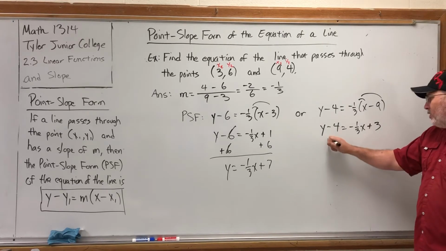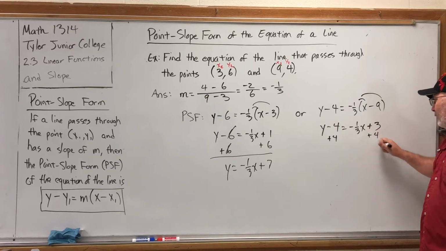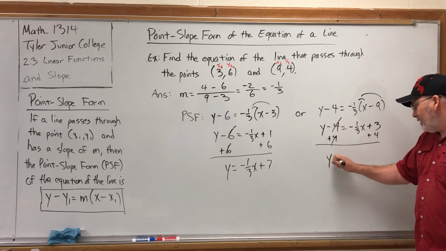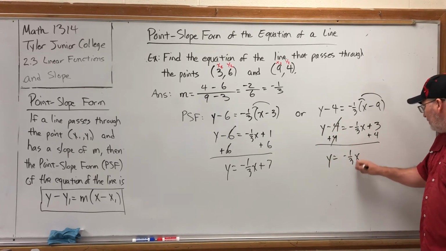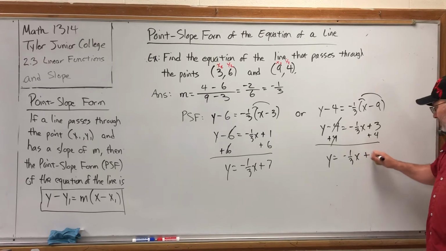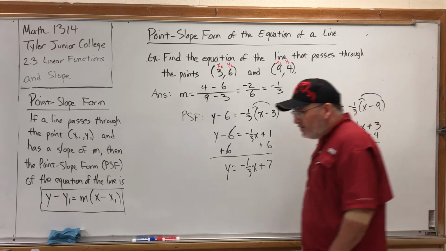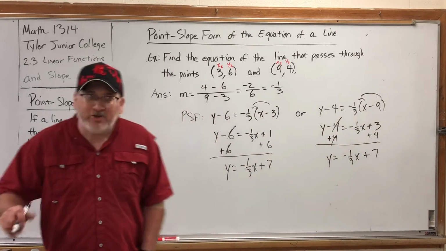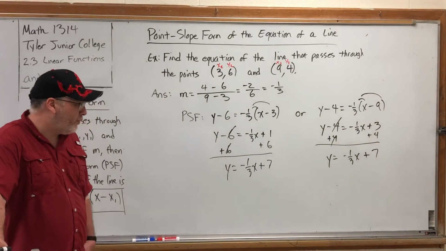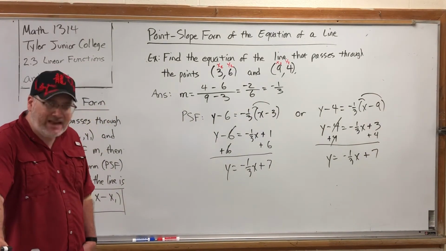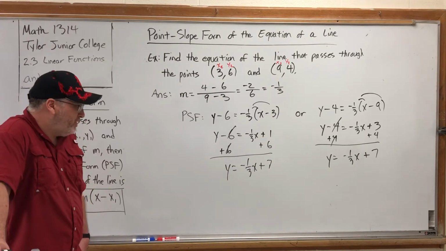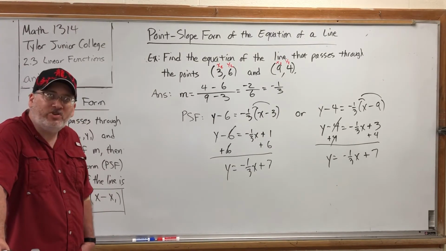Now we have to add 4 to both sides. Remember, we're solving for y, and we get y equals negative 1/3 x plus 7. So even though the two point-slope form equations were different, when we solved both of them for y, they ended up being the same. Well, that's good because they should have been the same equation at some point.